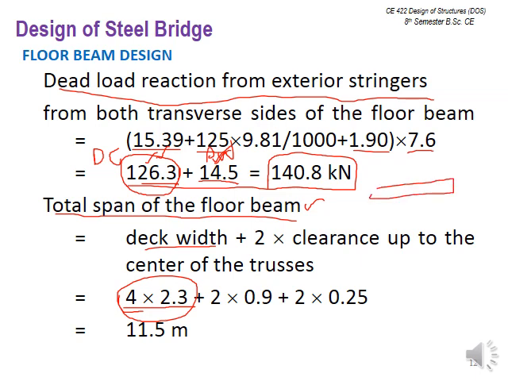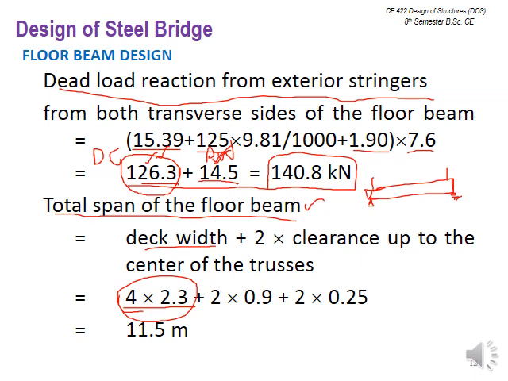This is the floor beam. If we provide the support for the floor beam on both ends and consider it as a simply supported beam, then this span is very important, okay. This span includes the deck width, including the curb of course, and finally you have to add up more. Let's suppose your deck or your curb is ending over here, but the trusses or the plate girders you are placing are going to be below, above, or in between, depending upon the type of the bridge.